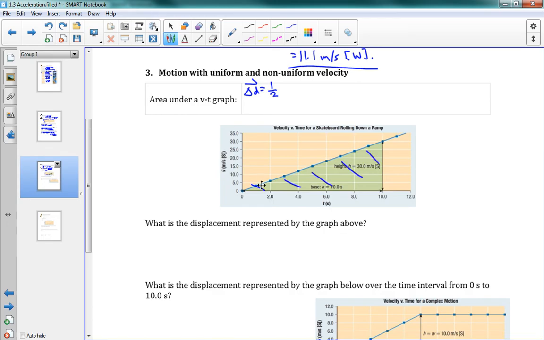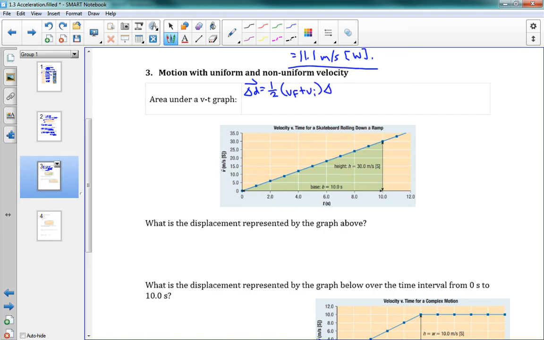So the area of a triangle is 1/2 times base times height. And so that's what our equation above is going to look like. 1/2 times base times height. So the height is Vf plus Vi.